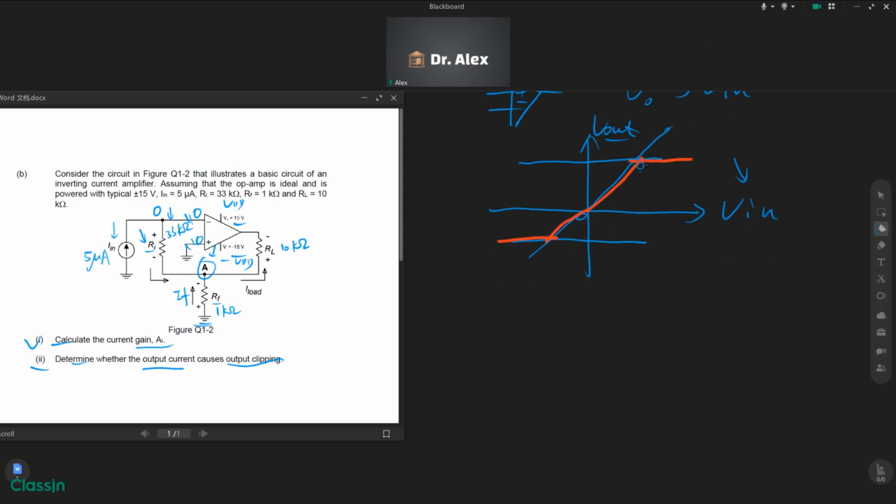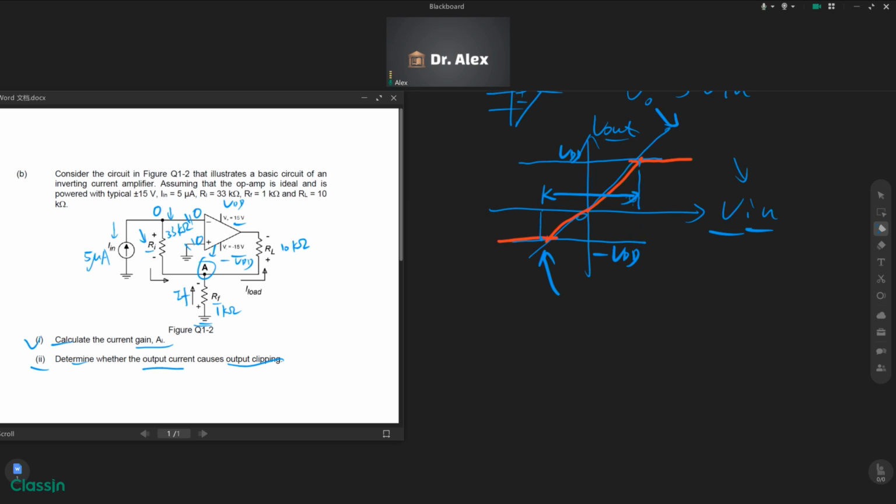So if our input is within this range, there will be no clipping happening in the operational amplifier. However, if our input voltage is very large and our output voltage would go to this zone or this zone, it will be limited to VDD and minus VDD.